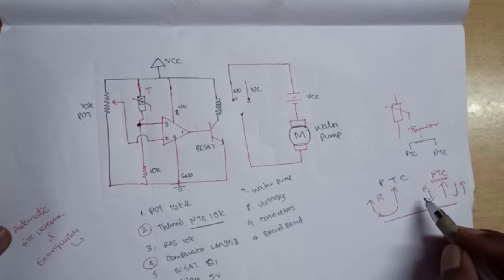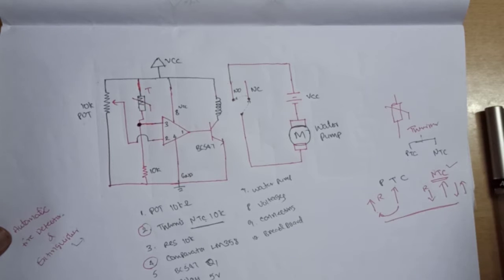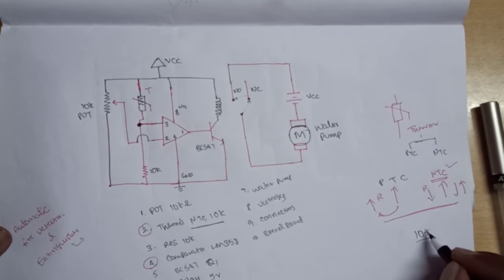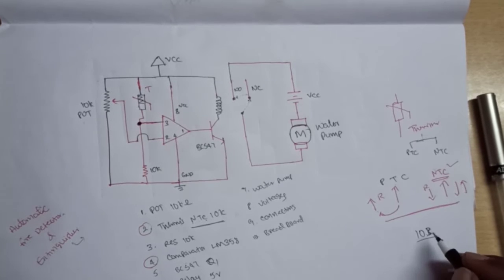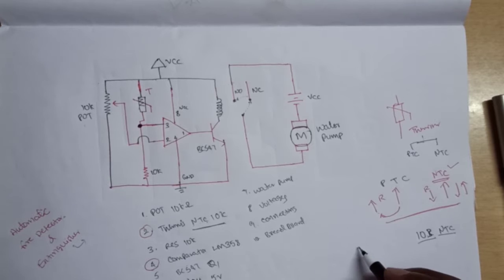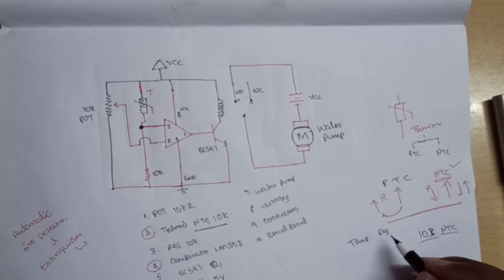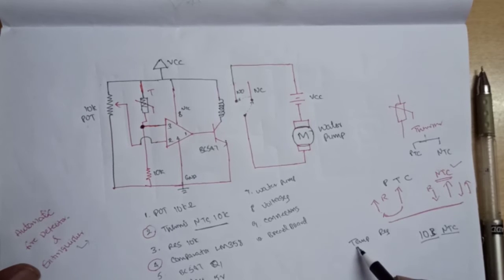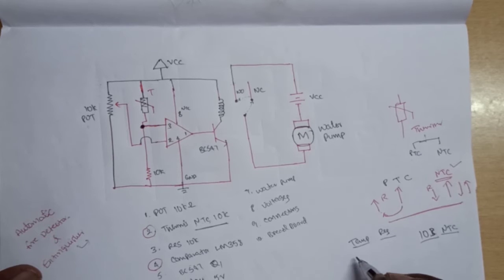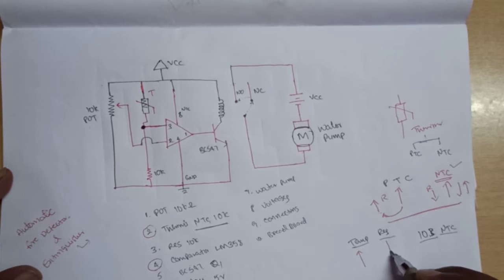So here in our project we are using NTC, negative temperature coefficient. That is 10 kilo ohms, which means 103. So we have two conditions, temperature and resistance of the NTC. If the temperature is increased, resistance of the NTC will be decreased.